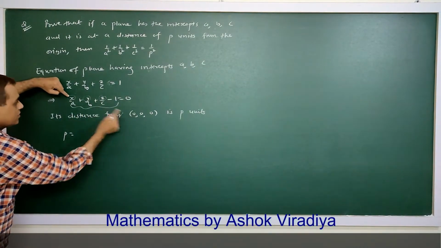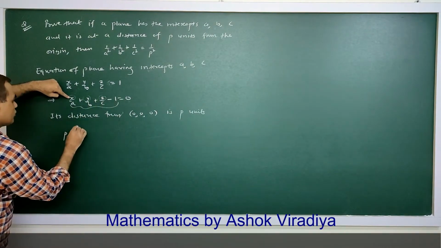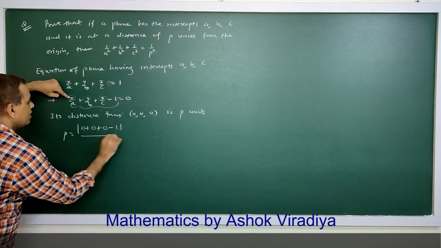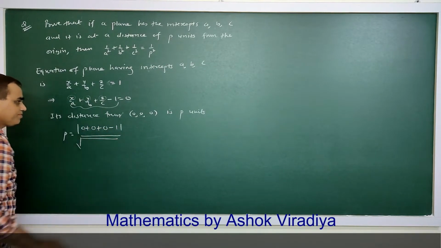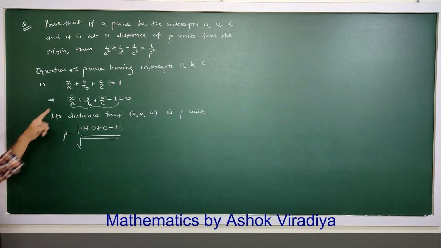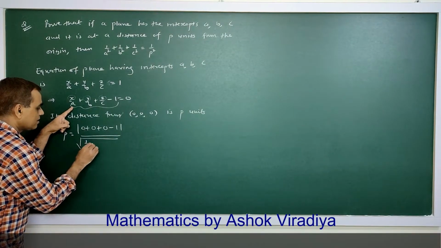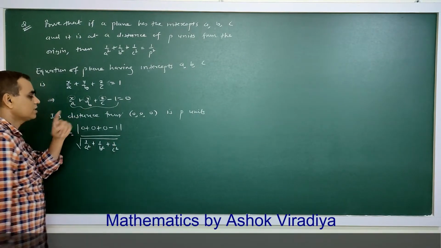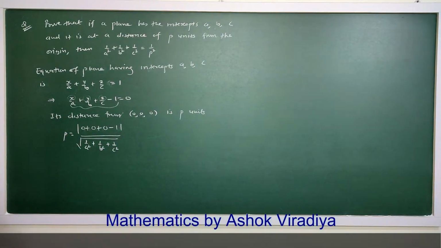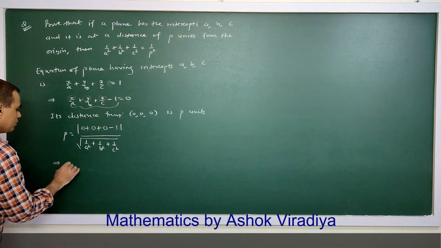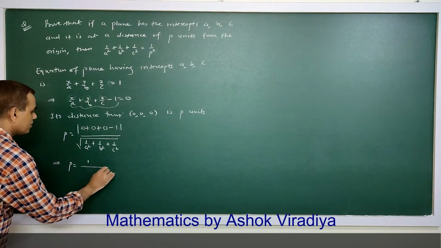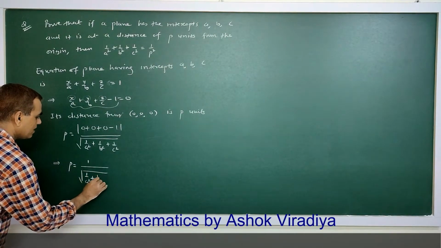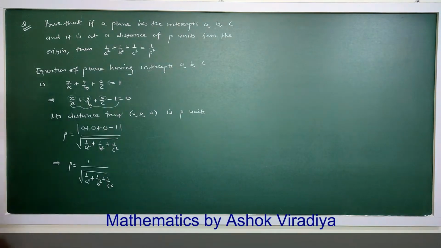So putting here 0, 0, 0, modulus of 0 plus 0 plus 0 minus 1 upon square root of 1 by a square plus 1 by b square plus 1 by c square. So p is equal to 1 upon square root of 1 by a square plus 1 by b square plus 1 by c square.